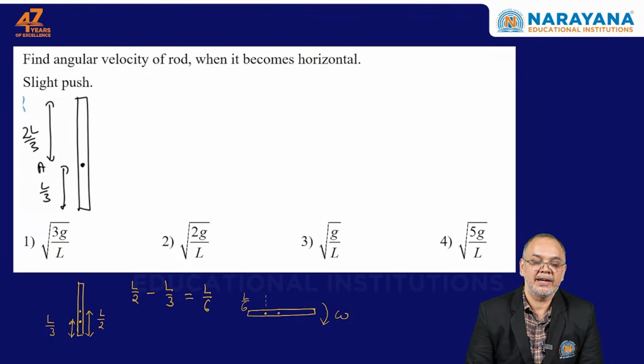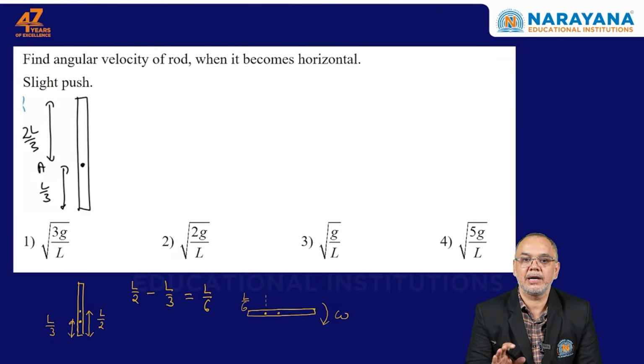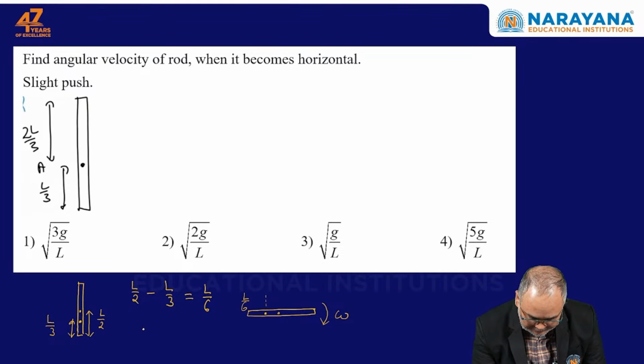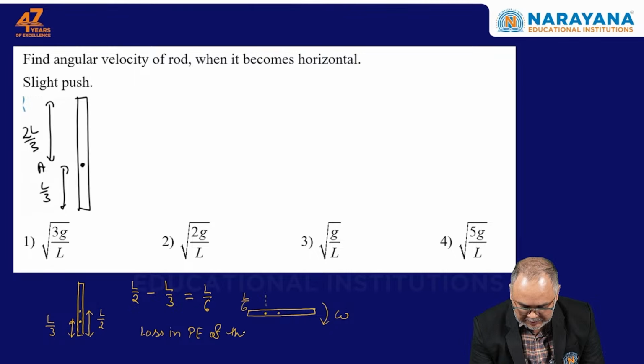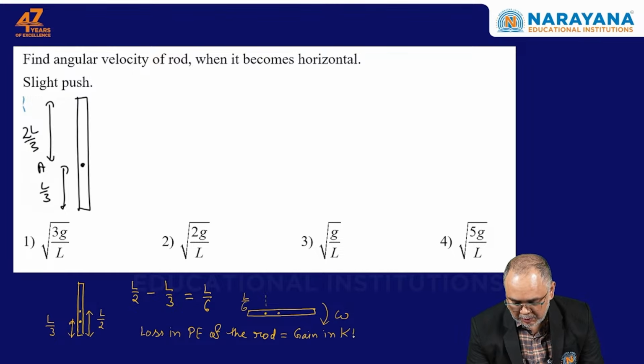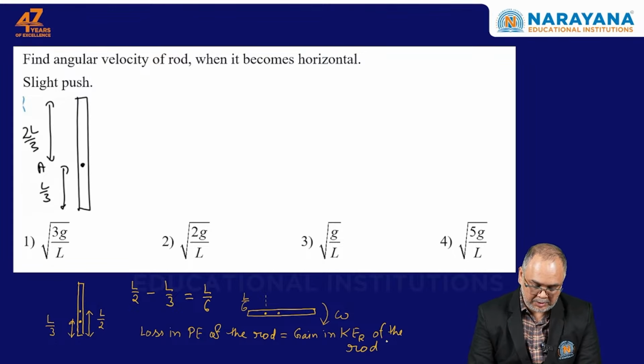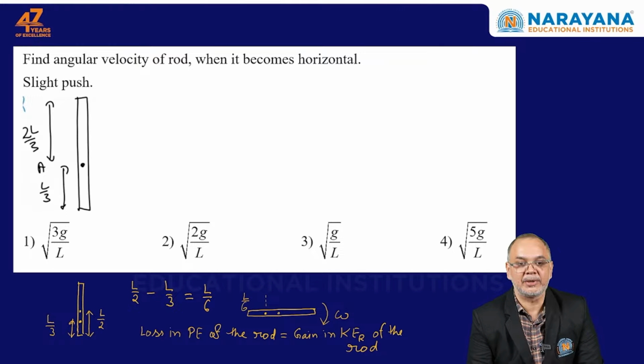So we can say the loss in potential energy of the rod is equal to the gain in rotational kinetic energy of the rod. Now the loss in potential energy is equal to mgh. Here h is L by 6.